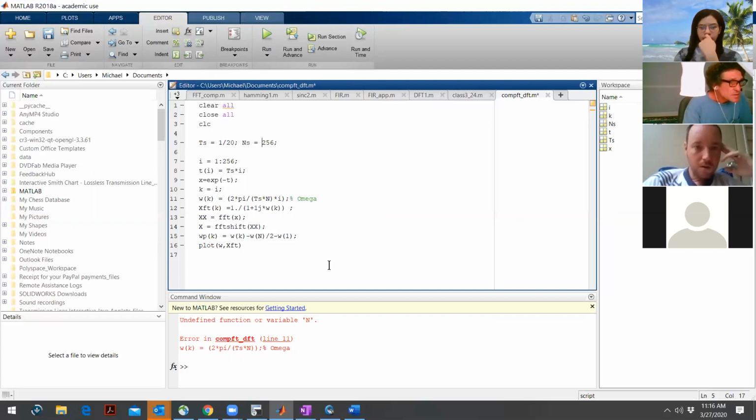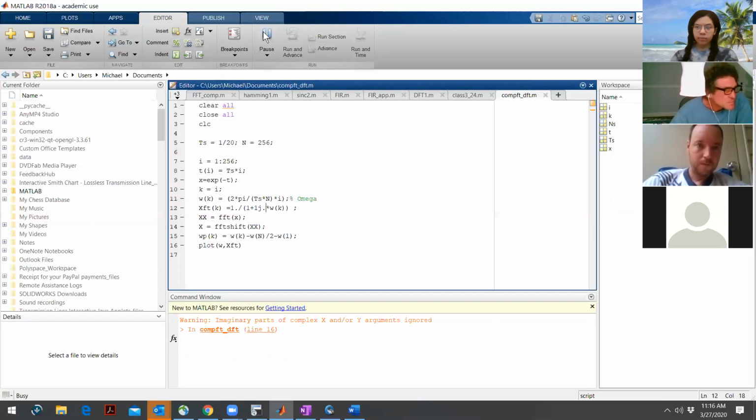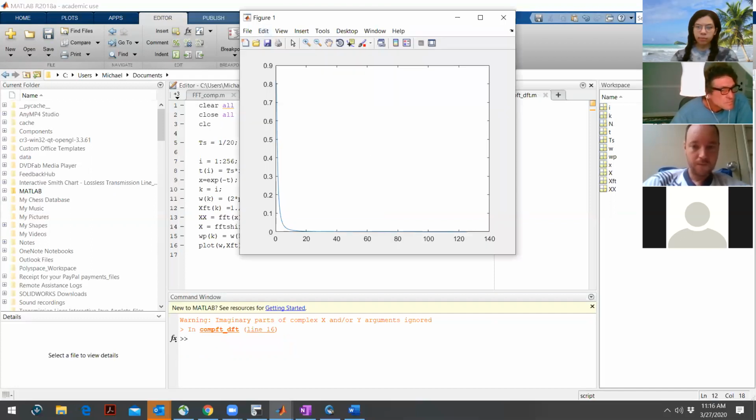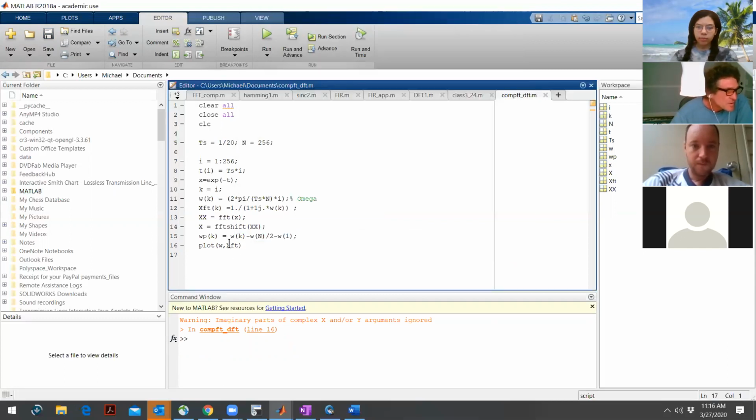Just do it this way. This is going to be N. My bad. Let's see if this works. Oh, forgot to do this. ABS. You want the absolute value of that, and then the phase. We'll do this in a second. Let's run this.